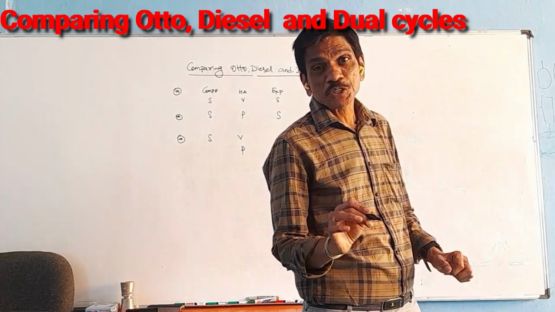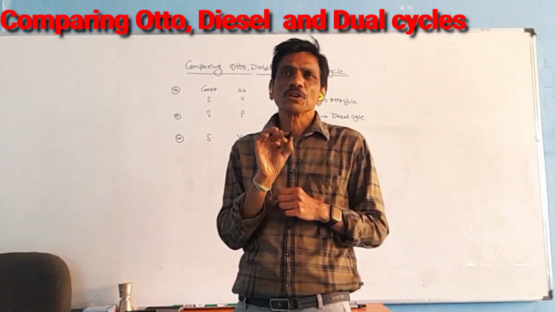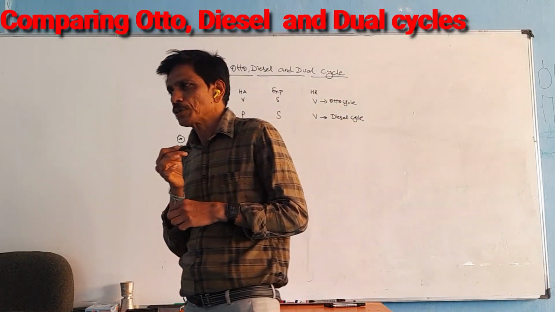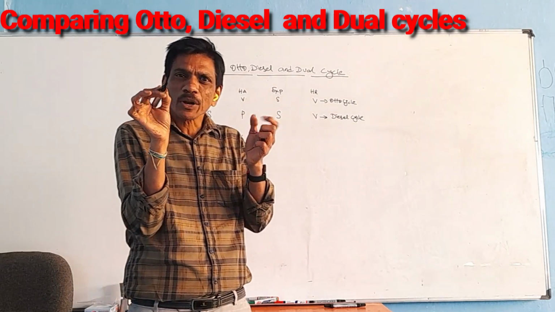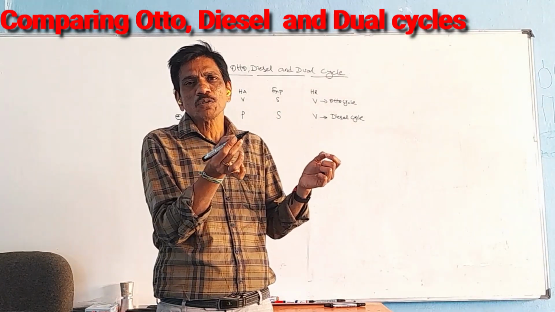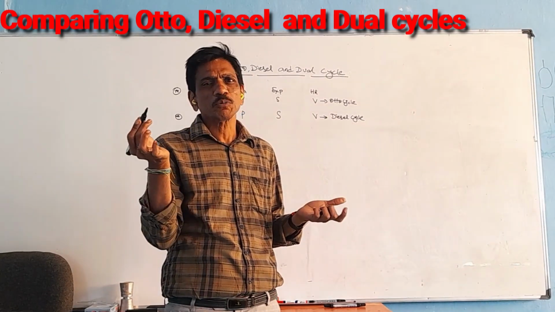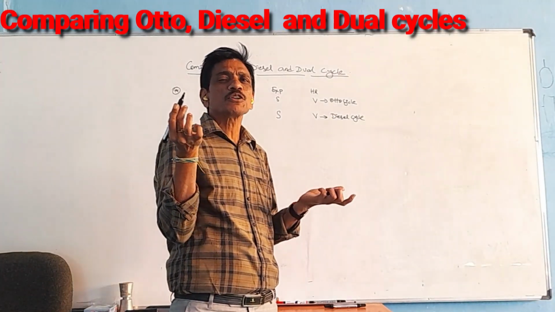But maintaining the constant volume is very difficult. To overcome this, constant pressure heat addition was introduced. So the efficiency is less, but it is practicable. So constant volume is highly efficient, but not practicable. Constant pressure is practicable, but it is not efficient.